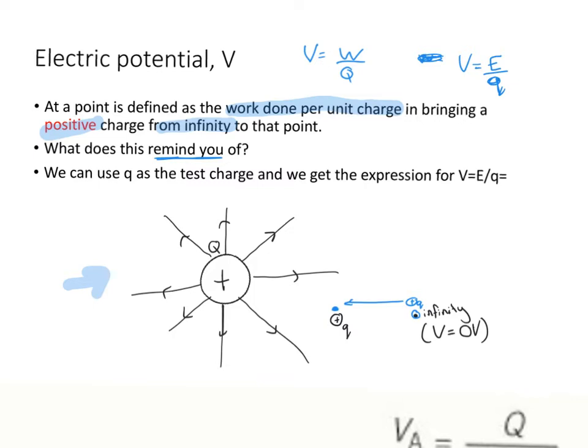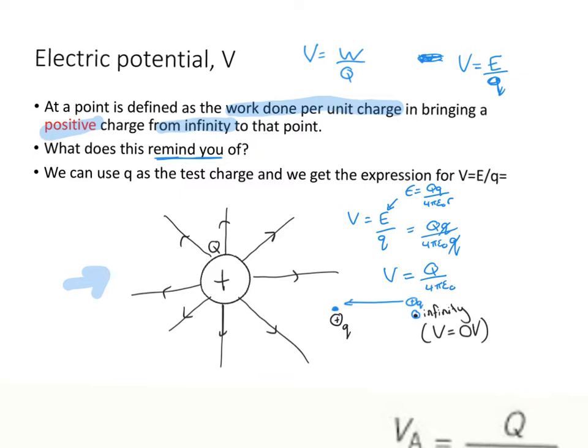So I can come up with my expression now for potential. We already said that E is equal to Qq over 4 pi epsilon naught r, so that means I have Qq over 4 pi epsilon naught r divided by q. So the potential at a point in an electric field can be calculated using this equation.